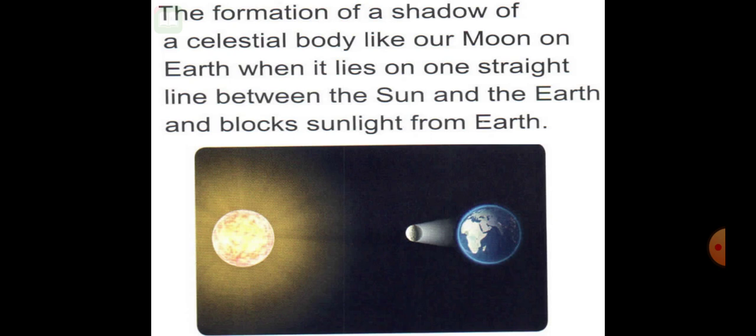In this case also, there is a formation of a shadow of the moon on the Earth, when the moon lies on one straight line between the sun and the Earth. Of course, the moon will block the sunlight from the Earth, and the shadow of the moon will be formed on the Earth.